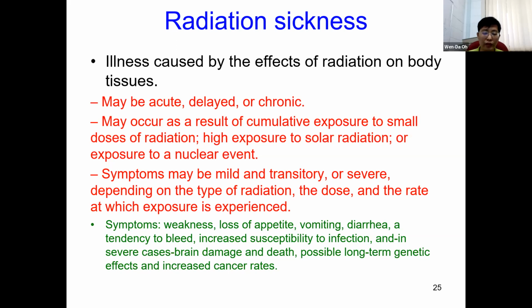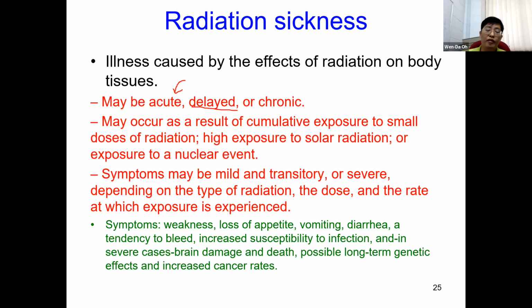The effects can cause radiation sickness, which can be acute, delayed, or chronic. Acute means that you are exposed to a large dose of radiation, and this radiation causes ionization of a large part of your body, so instantly, within a few days.